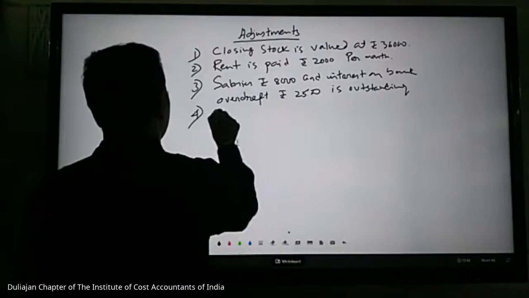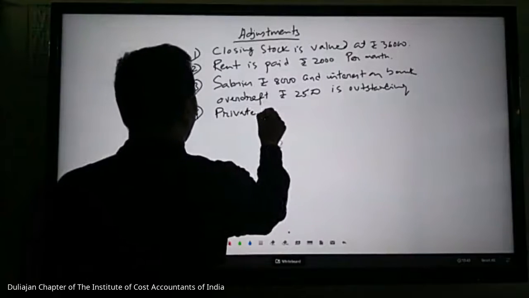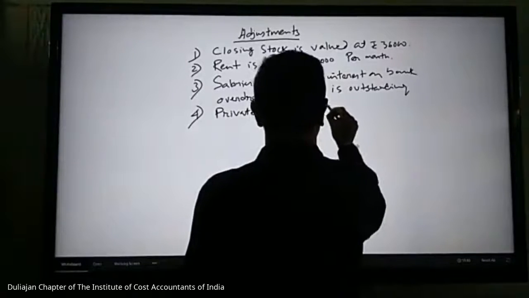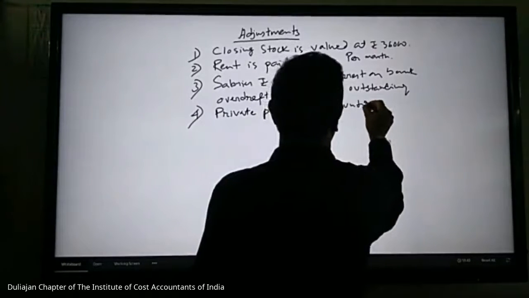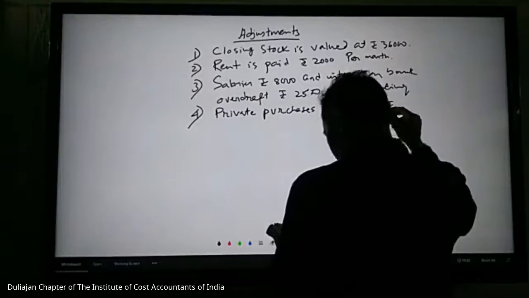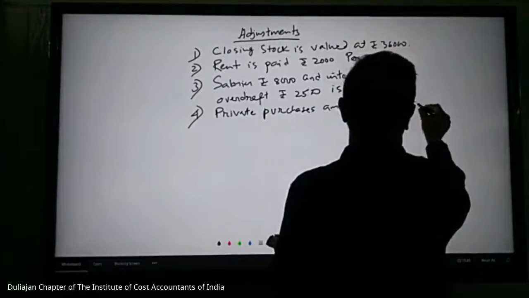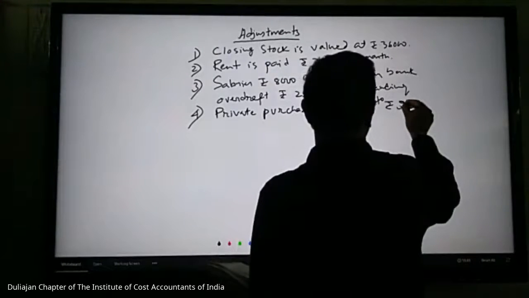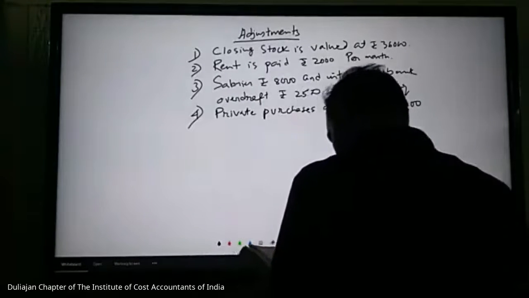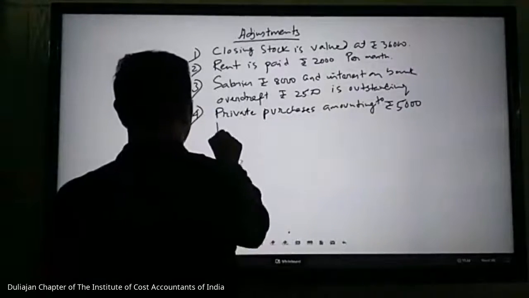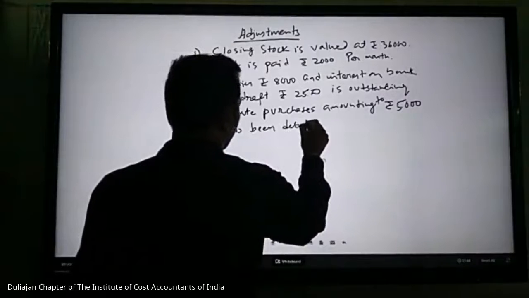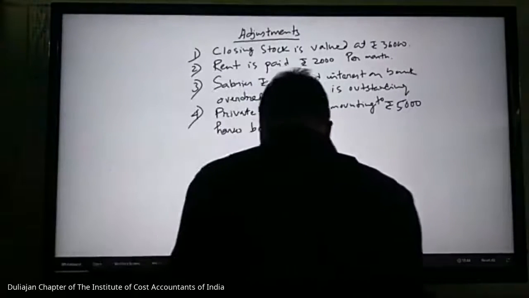Number four, private purchase amounting to rupees 5,000 have been debited to purchase account.